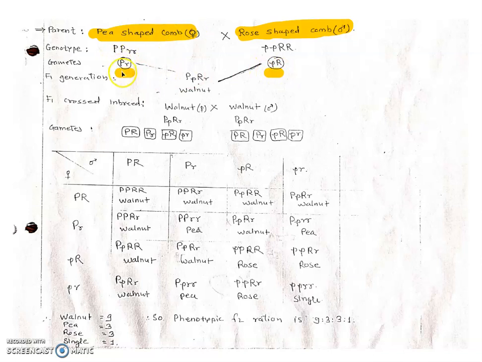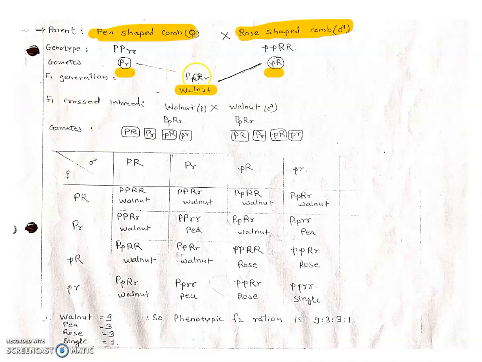In the P shape there is capital P and recessive r, and in the rose type there is capital R and recessive p. Single type of gametes are produced: capital P, small r from the P shape, and capital R, small p from the rose type. When these gametes come together, walnut is formed, because in the walnut there are two dominant genes present, gene P and gene R.